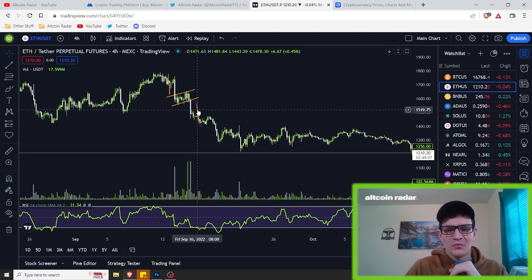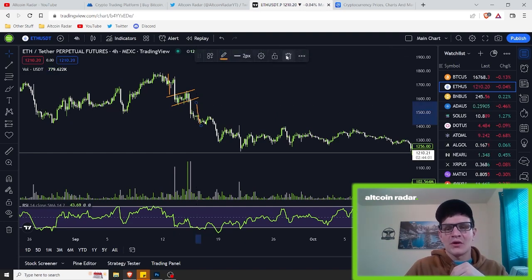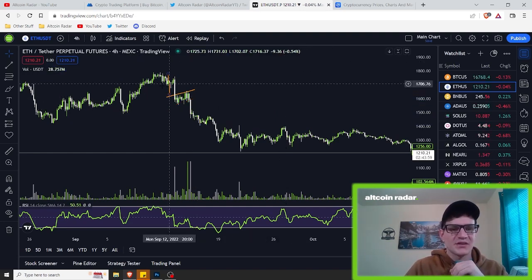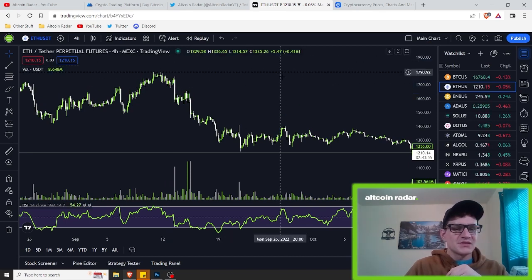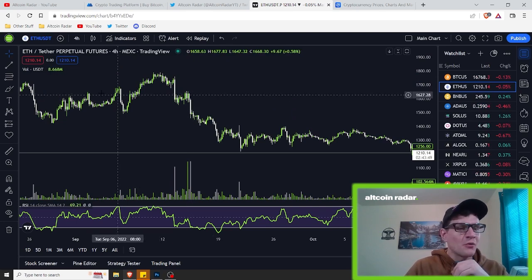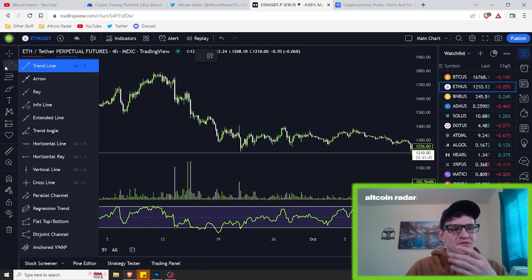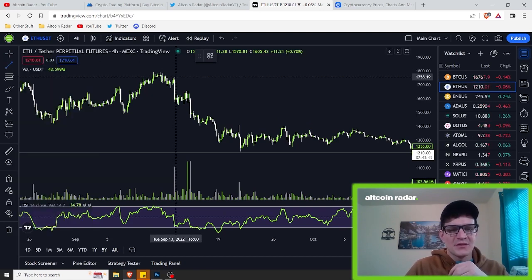Now, what I was talking about earlier, how you can measure the first flagpole to see potentially how far the next flagpole will go, it's pretty simple actually. Literally, this is what I would do to try to figure this out. If I was trading this and trying to see how far down the next move could go, I would take my trend line arrow in TradingView and make a line all the way down to where it stopped right down here.